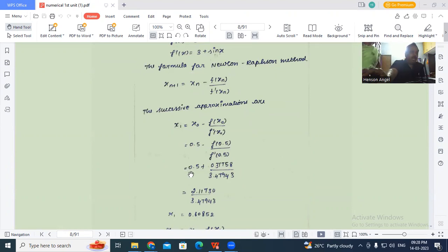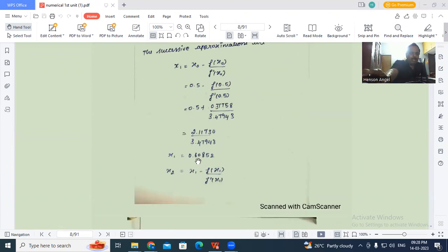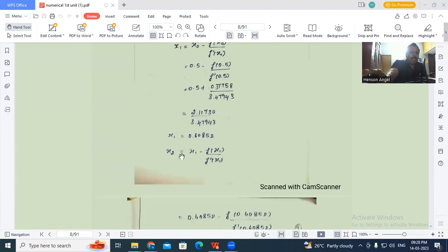Then we get the first approximation x1 equal to 2.11730 divided by 3.47943. So the first approximation is 0.60852.